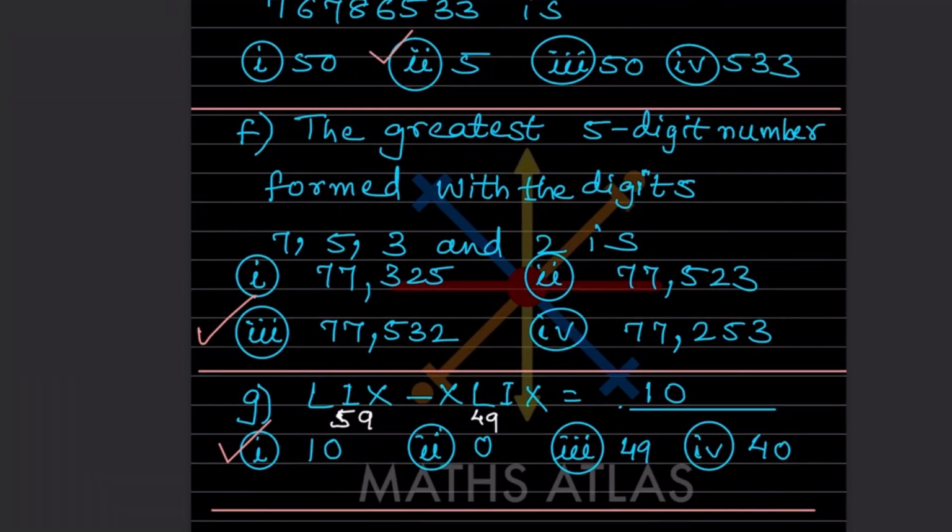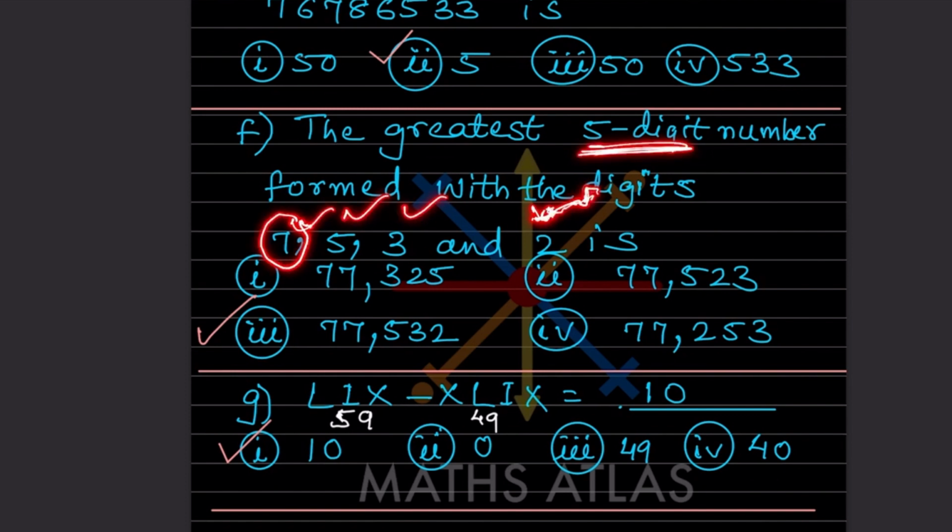Now let us see the next one. It says the greatest 5-digit number formed with the digits 7, 5, 3 and 2. Now we want a 5-digit number, but how many digits are these? These are only 4 digits. So we have to try to make the greatest number from these. Whenever we are making the greatest number and we have fewer digits, what are we going to do? First we have to see which is the greatest digit. That is 7.